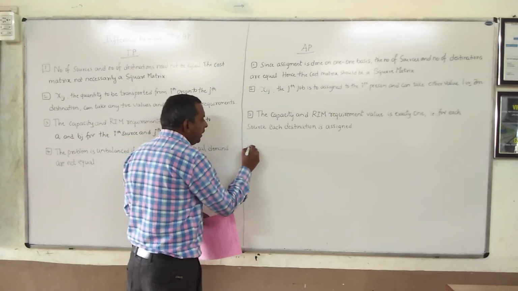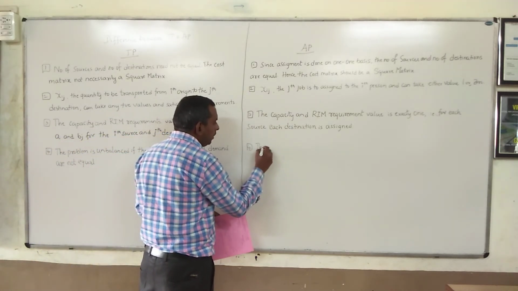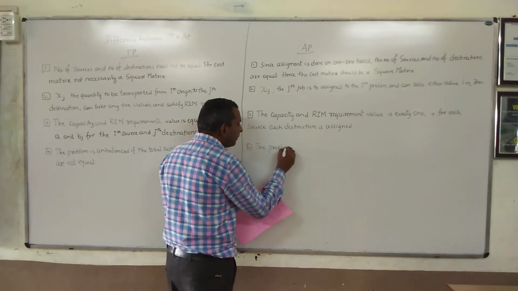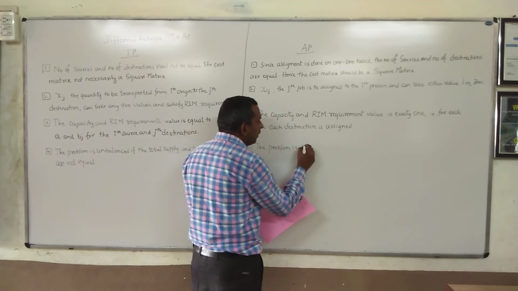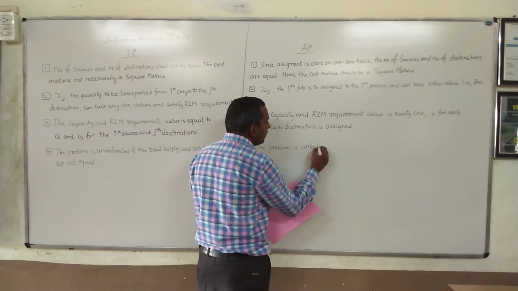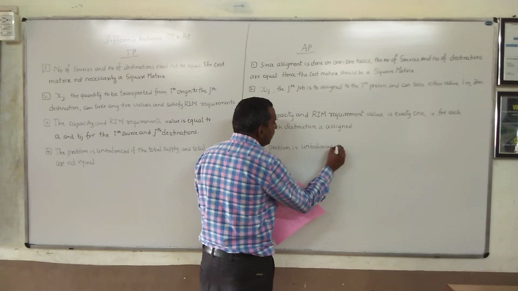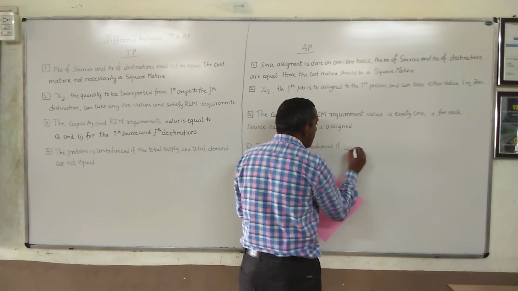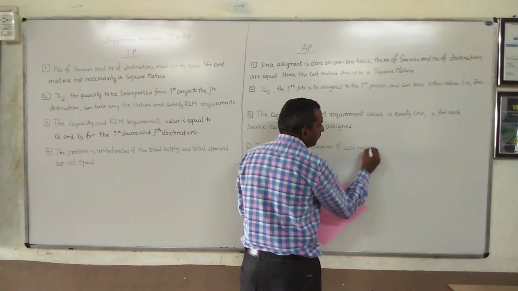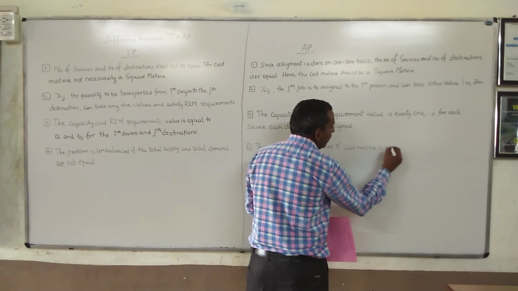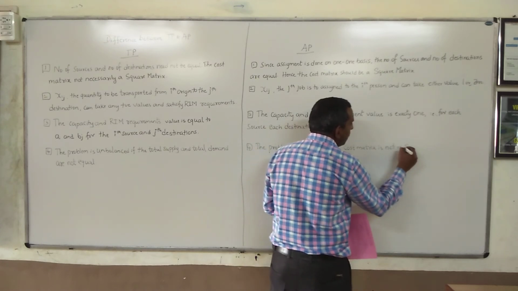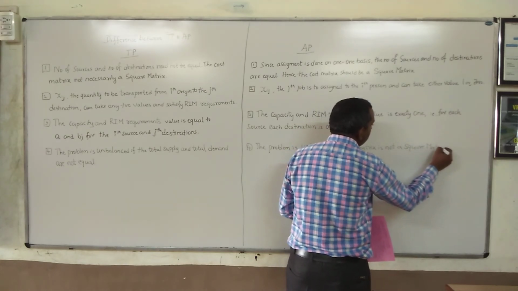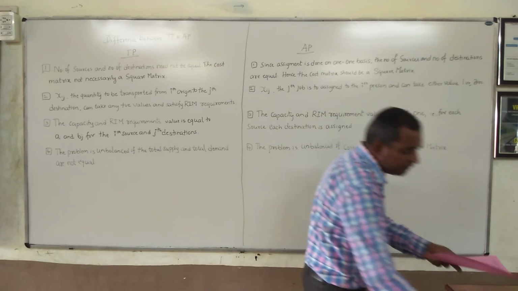Fine. So here it is fourth. The problem is unbalanced if cost matrix is not a square matrix. Fine. So these are the differences.